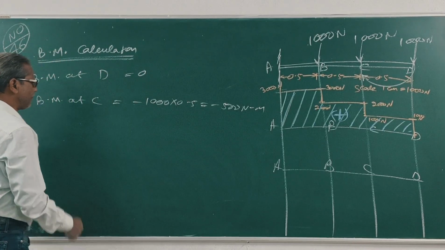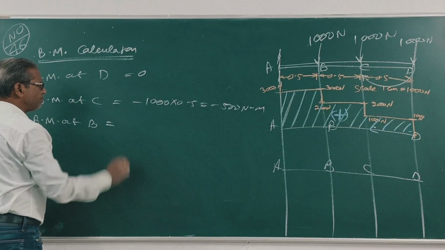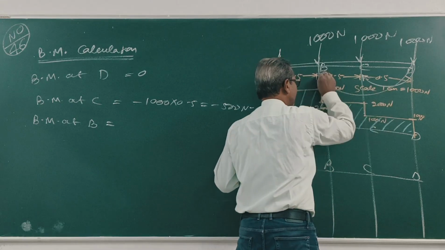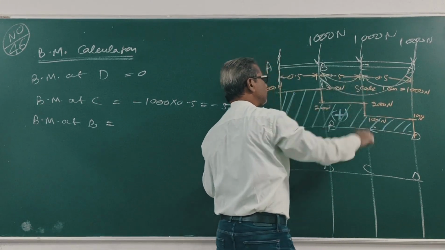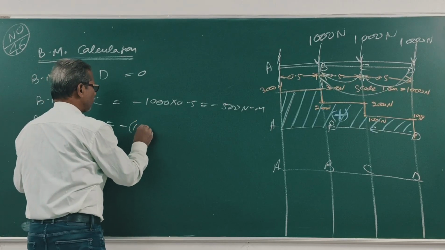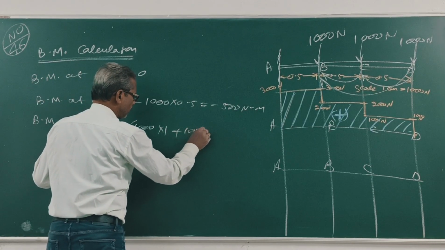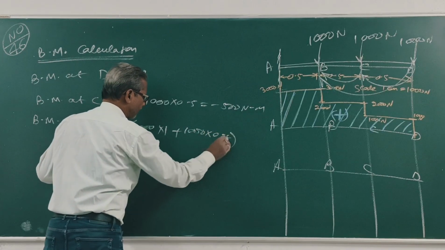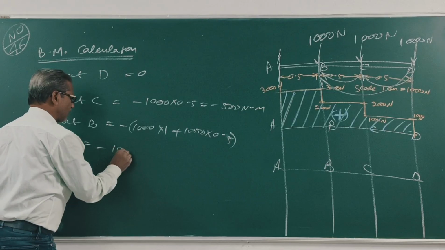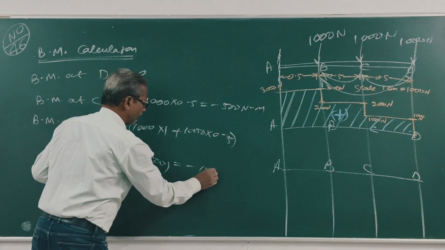Bending moment at B is minus 1000 into 1 plus 1000 into 0.5. So this is minus 1000 minus 500, minus 1500 Newton meter.